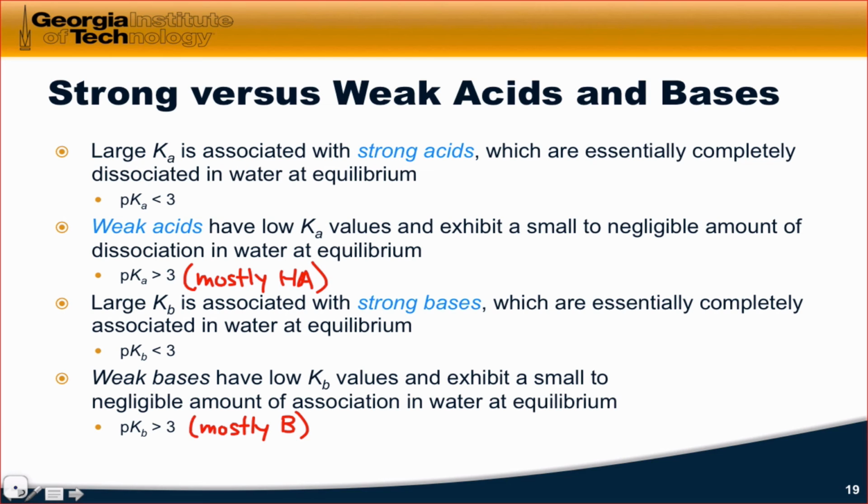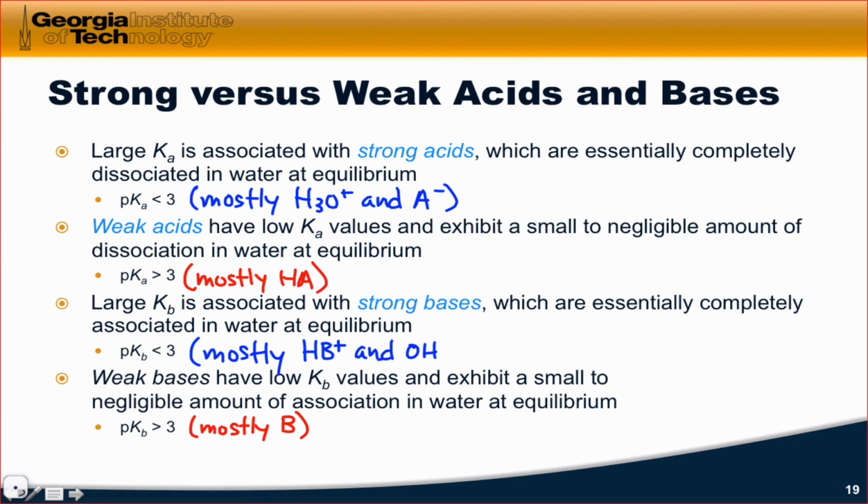Strong acids, on the other hand, dissociate to form mostly H3O plus and A minus, and strong bases associate to form mostly BH plus and OH minus. And for strong acids and bases, these are essentially complete so that we can basically replace the concentration of the acid with H3O plus and the concentration of the base with OH minus.